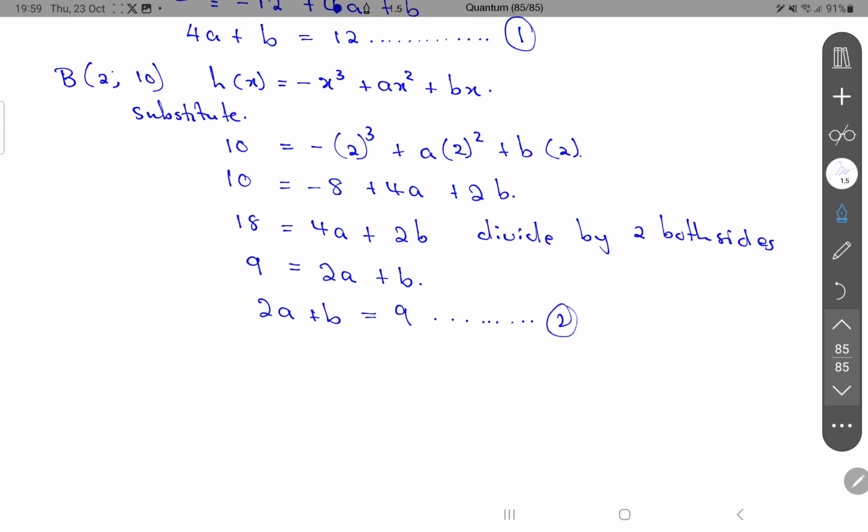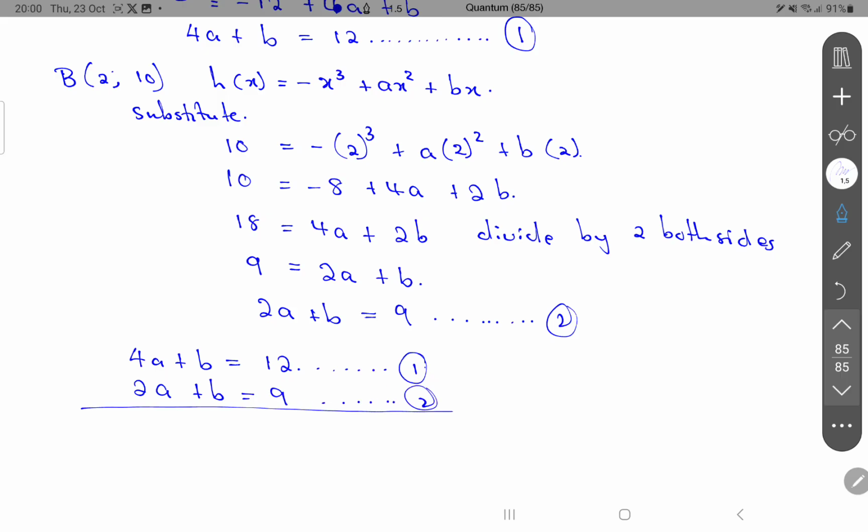With the two equations, we solve them simultaneously. So we take 4a plus b is equal to 12, this is equation number 1, as you know. And we take 2a plus b is equal to 9, that's equation number 2.